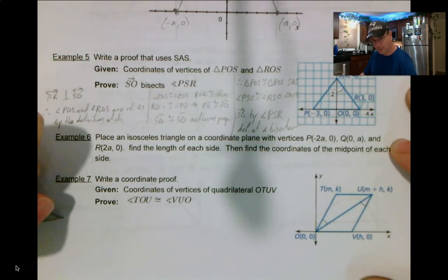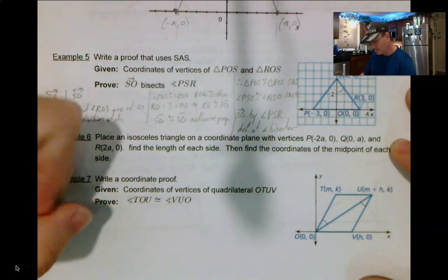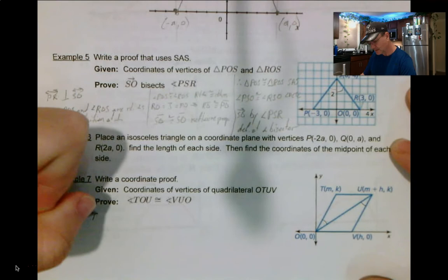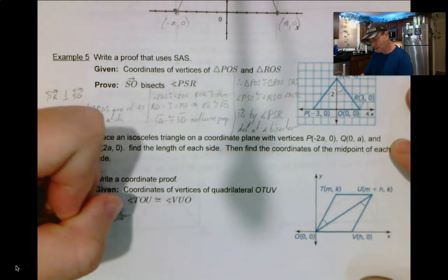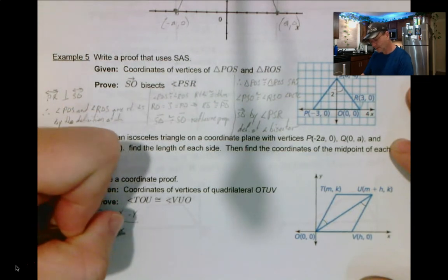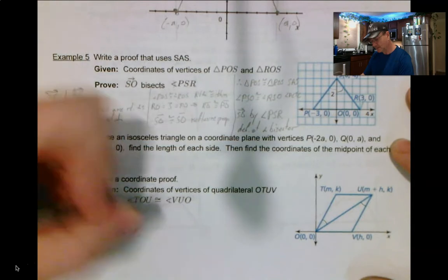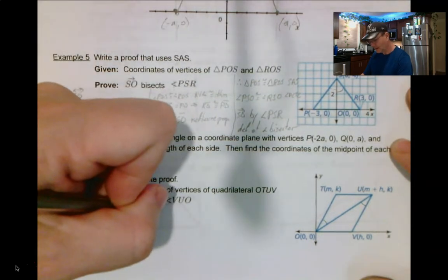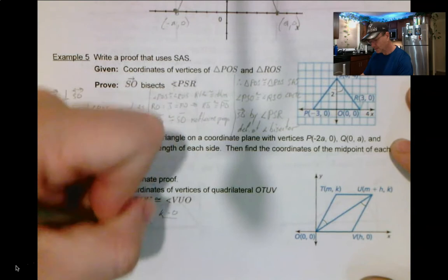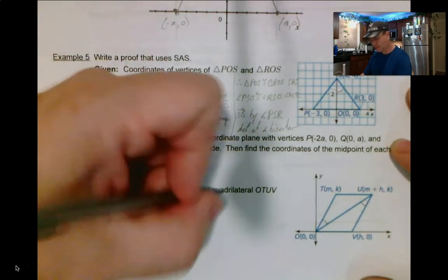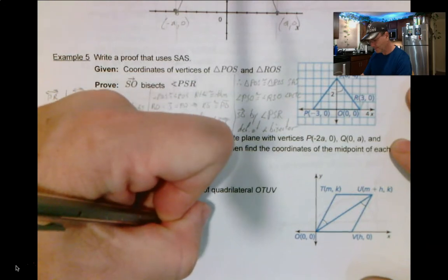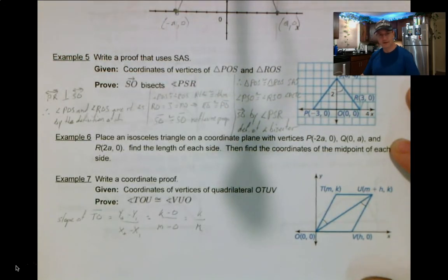So the slope of line segment TO is equal to y2 minus y1 over x2 minus x1, or k minus 0 over m minus 0, or k over m.